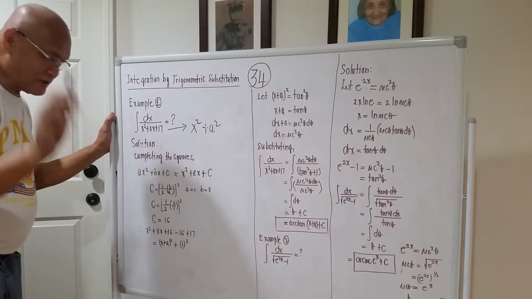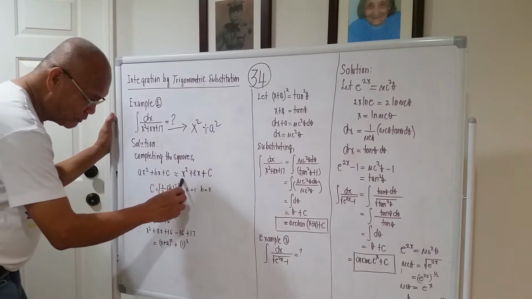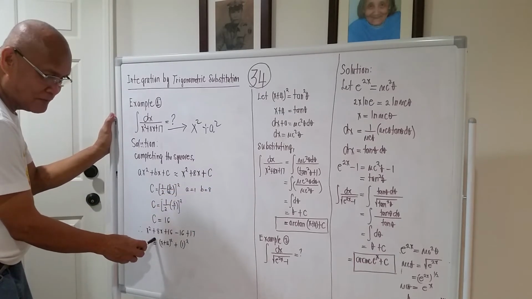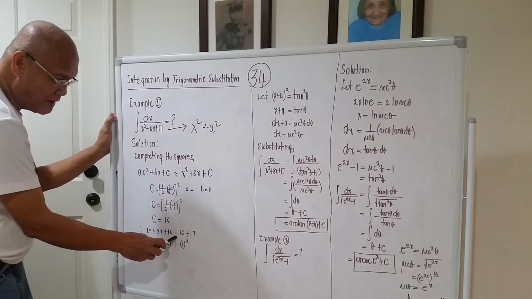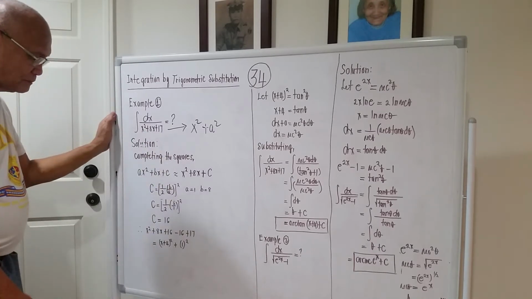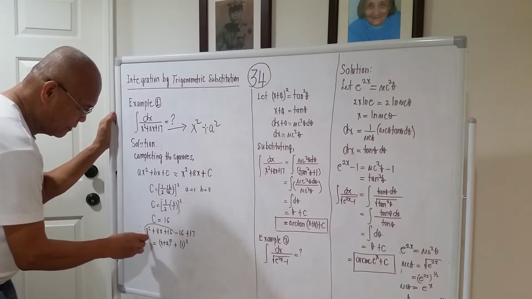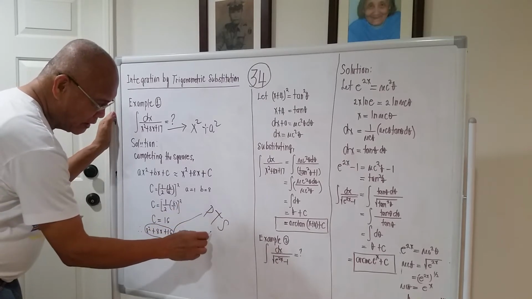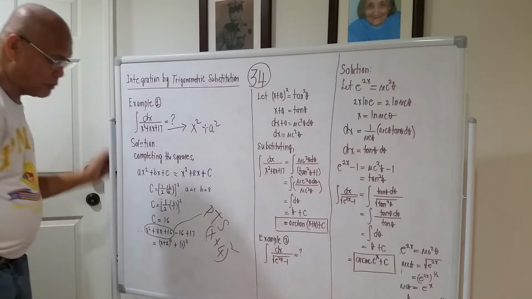So it will be something like this. We can now rewrite these terms as x squared plus 8x plus 16 minus 16, and we add 17, plus 17. The first three terms here are now a perfect trinomial square, and this is factorable to the quantity x plus 4, squared.